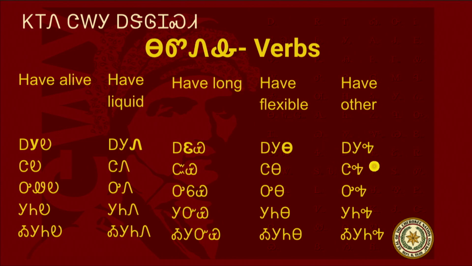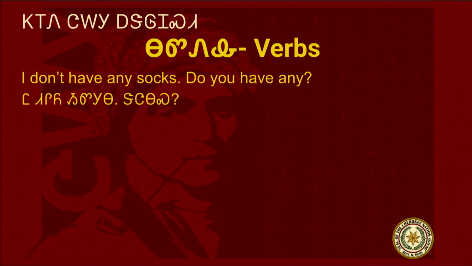Agiha, I have something other. Chaha, you have something other. Uha, he or she has something other. Giniha, the two of us have something other, neutral. Oginiha, we but not you have something other, right? So you see how that works.